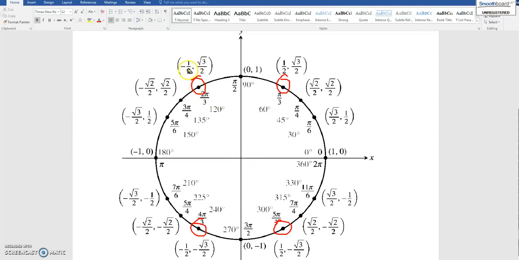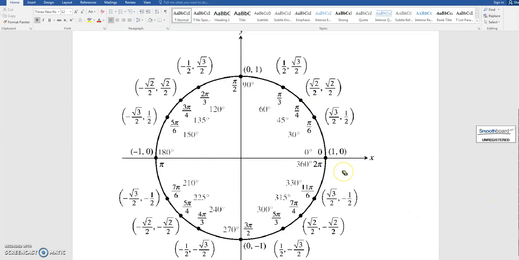Cosine of 120 would be -1/2 because now we're in a different quadrant, and so the adjacent sides in this quadrant would be negative, and it's already done for me in the coordinates. Cosine of 240 would also be -1/2, and then cosine of 300 would be +1/2, just because of how the adjacent side would work in all the triangles that I have here.